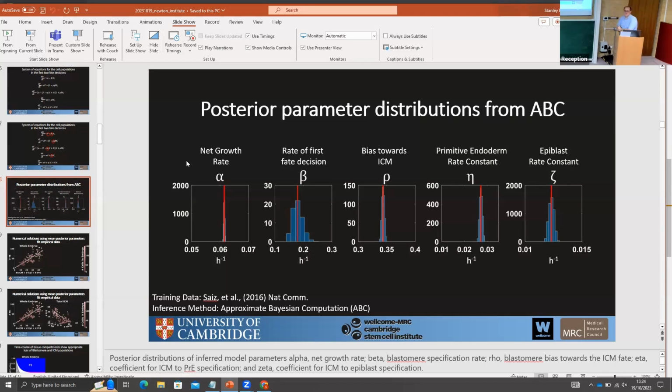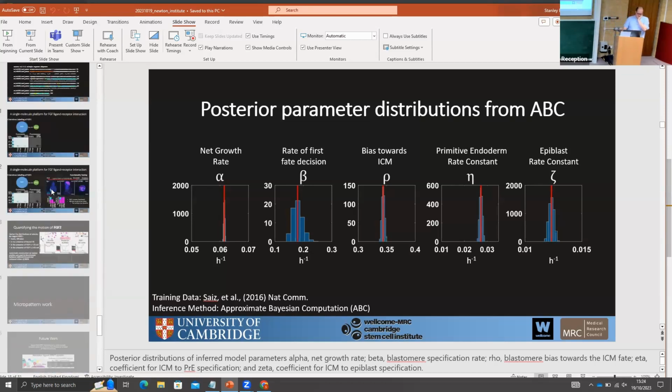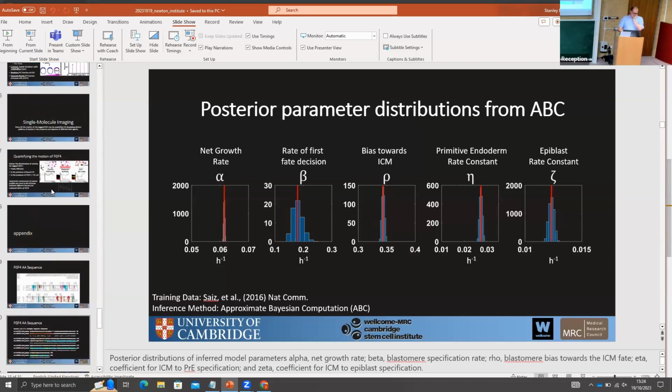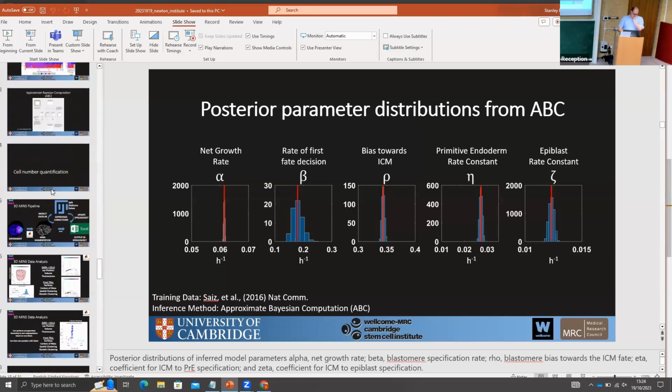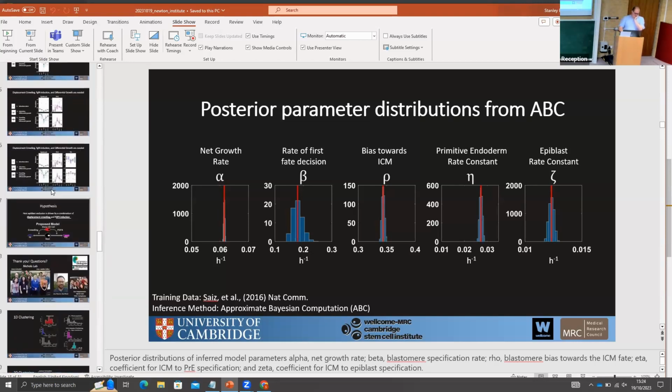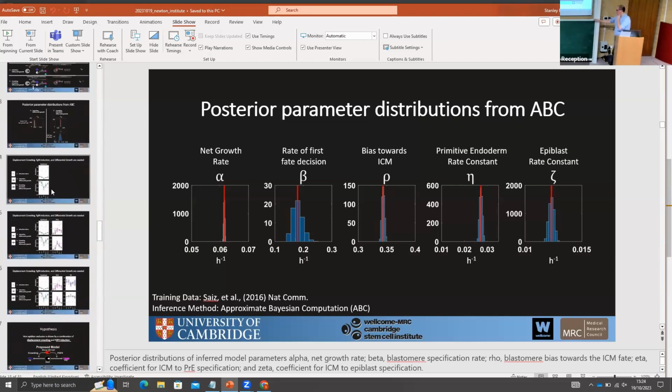What I'm trying to get at is how robust are these parameter choices? I don't think I actually have the posterior distributions of the error space. No, I don't have those plotted. But basically, these are quite robust in the fitting.